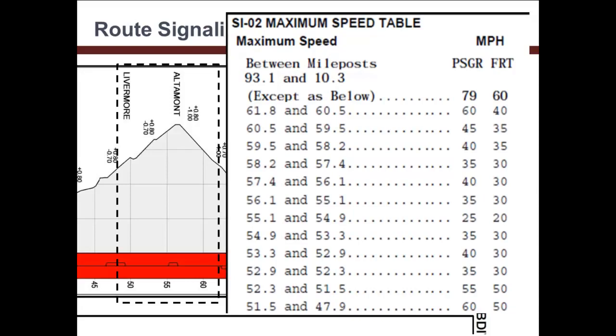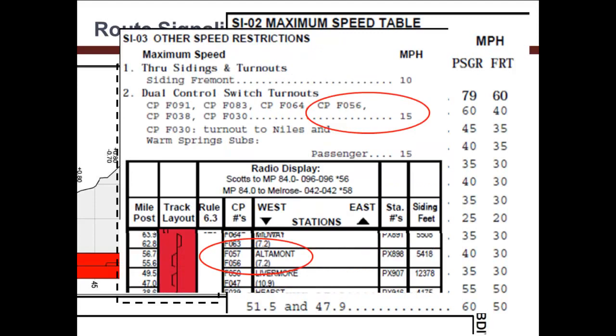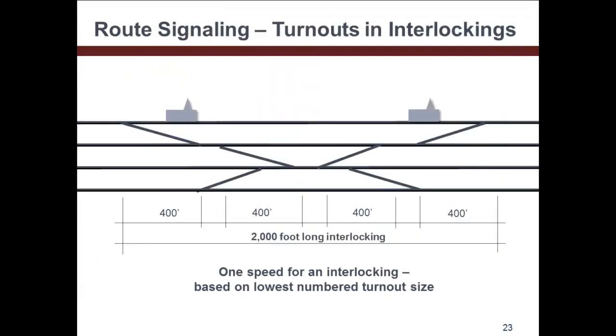This table lists speed limits for straight-ahead moves for the distance between mileposts 50 to 60 for both passenger and freight trains. This table lists speed limits for diverging moves. You can see the speed for the Altamont turnout is 15 miles per hour. The diverging moves shown here are rather simple. The complex interlockings on the next slide will show some limitations of the route signaling system.